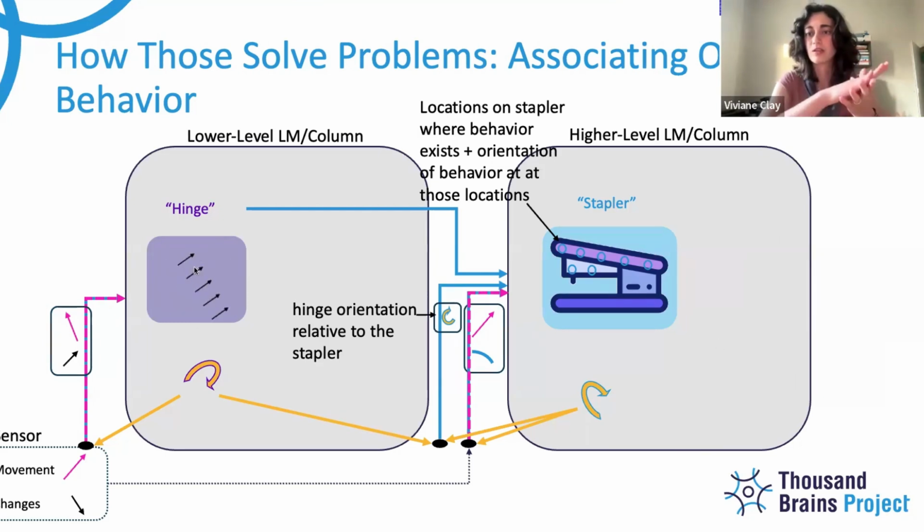This behavior is really just local, like optic flow or local bits of change, whereas the behavior in the top level column represents that the top of the stapler is changing its location and orientation. So there would be two behavior models, and the top level one would be richer.